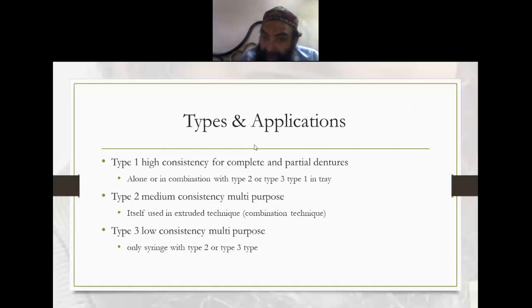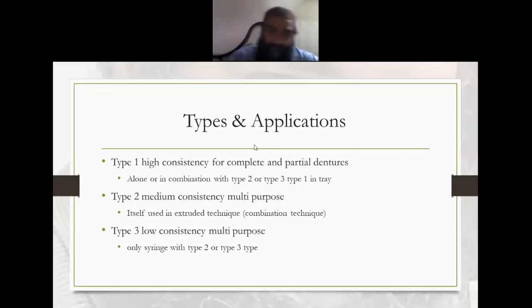Type 1 with high consistency, as previously described, goes inside our impression tray, and we syringe type 2 or type 3. Then type 2 is medium consistency and multi-purpose, used in the extruded technique and combination technique.